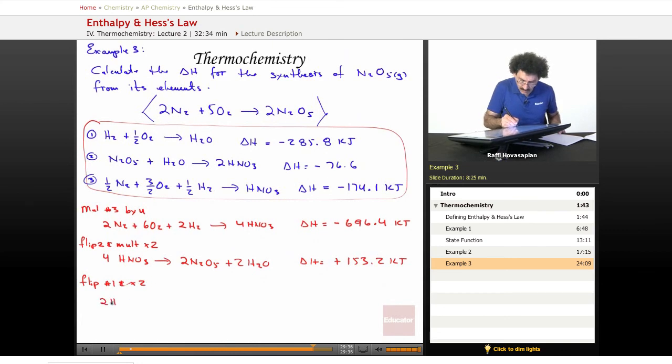I get 2H2O goes to 2H2 plus O2. And again, the delta H is going to be plus 571.6 kilojoules.